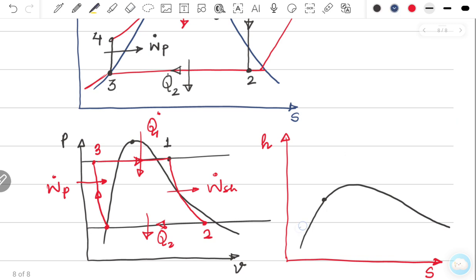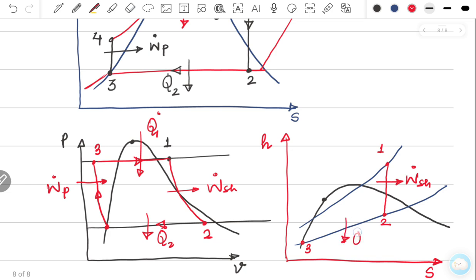This is the high pressure and this is the low pressure, and this is state number 1. So reversible adiabatic. This is the turbine process where we will be getting the shaft work. Then this is point number 3. This is heat loss Q2 dot. Then this is the pump work, and this is basically the heat input in the boiler.